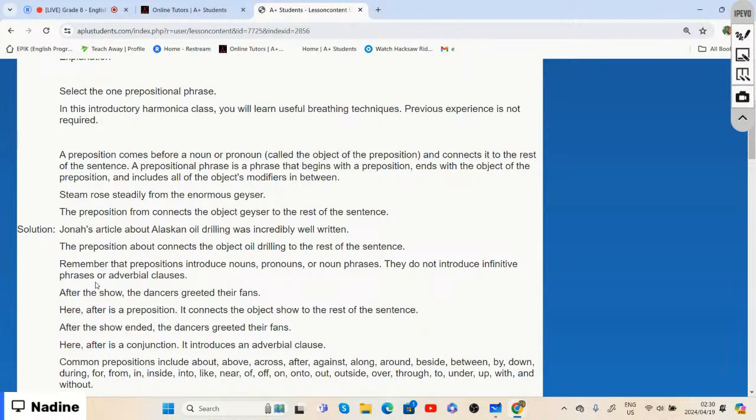Another example is: Jonah's article about Alaskan oil drilling was incredibly well written. In this case, the preposition about, there it says Jonah's article about. So about connects the object, which is oil drilling, to the rest of the sentence.